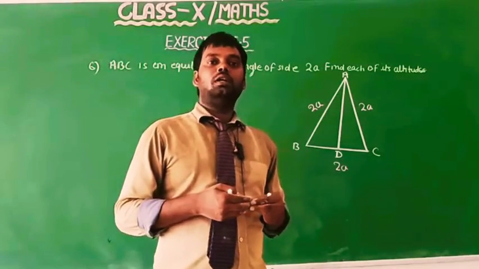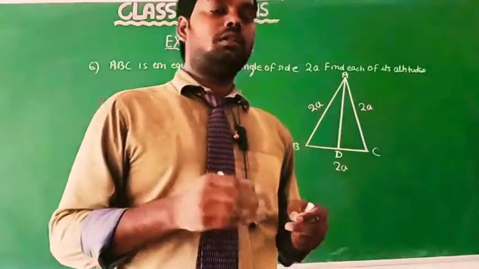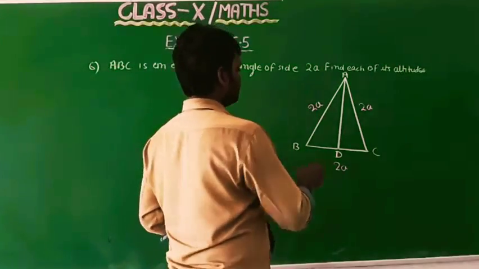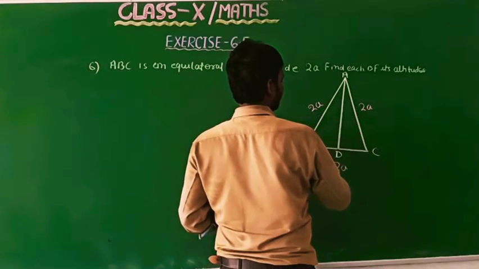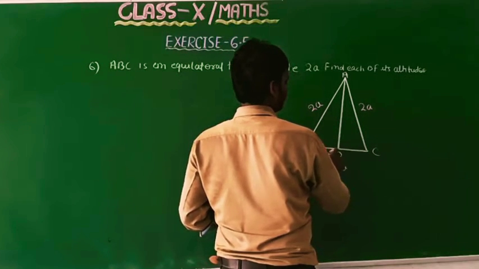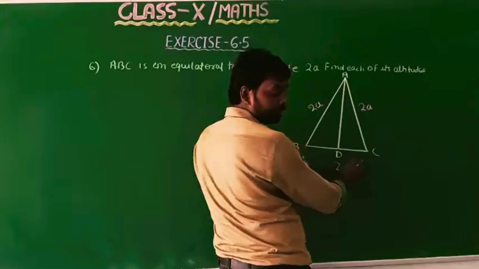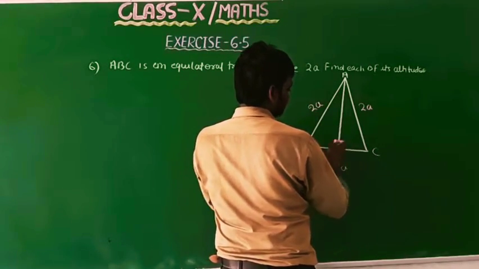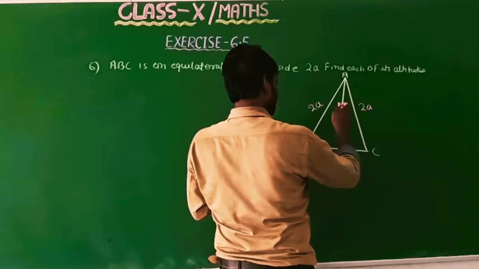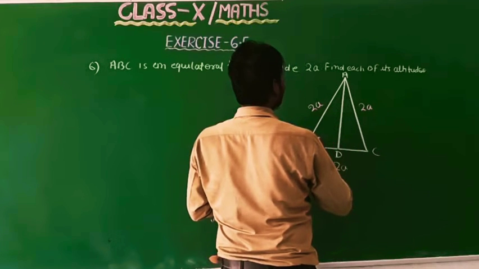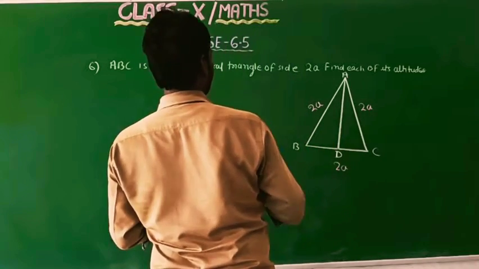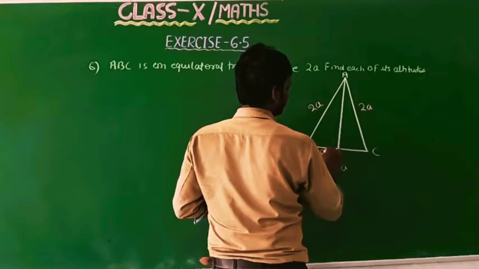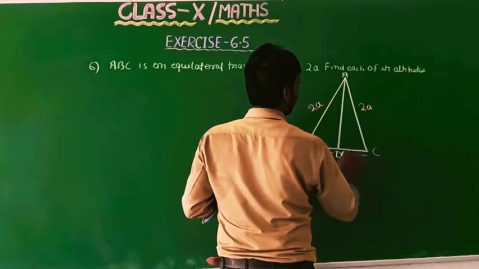As we know, the altitude bisects the opposite side. So here this is the altitude, and it bisects side BC. The total length is 2a, so after drawing AD the altitude, it will be divided into a and a.